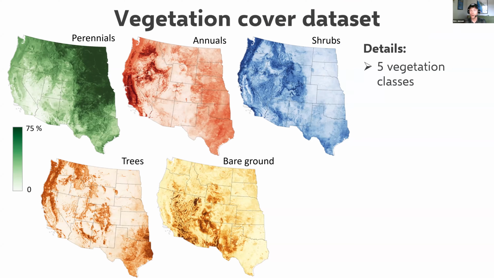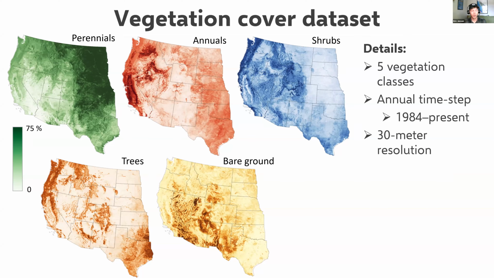And these are really useful in a variety of ways. They're fairly coarse, but especially in the Intermountain West, where annual invasives are an important issue, and conifer change is an important issue, there are a variety of ways that you can use these data sets. And as I mentioned, they're not just available for one point in time, but for every year since 1984.